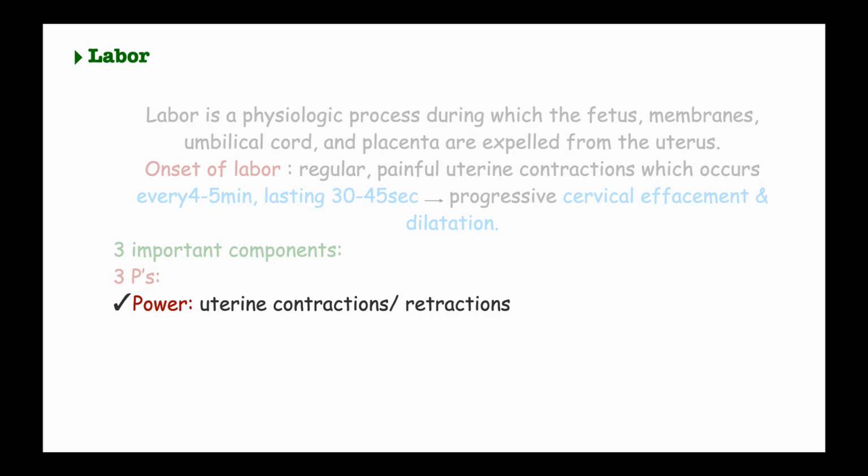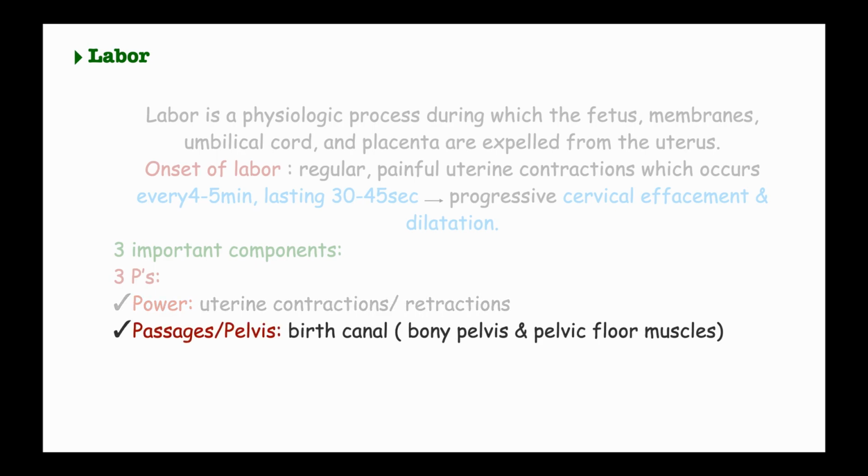Now, these contractions and retractions must be regular, rhythmic, and with increasing frequency and duration. The second P talks about the passages or pelvis, which is the birth canal and the bony pelvis, as well as the pelvic floor muscles through which the baby passes to be born.